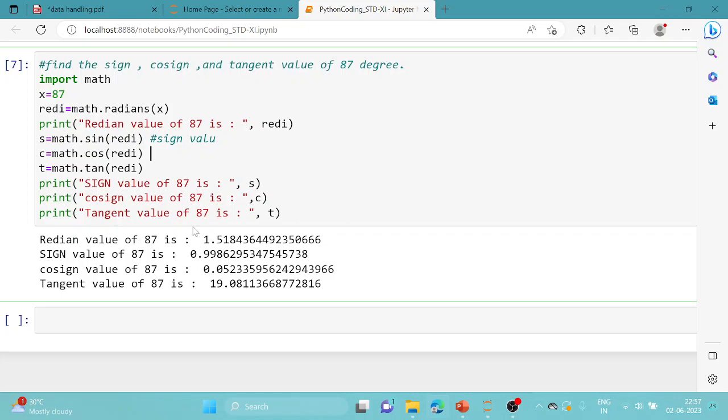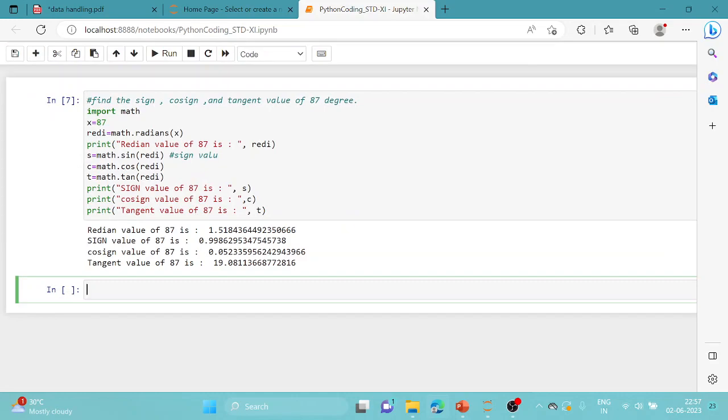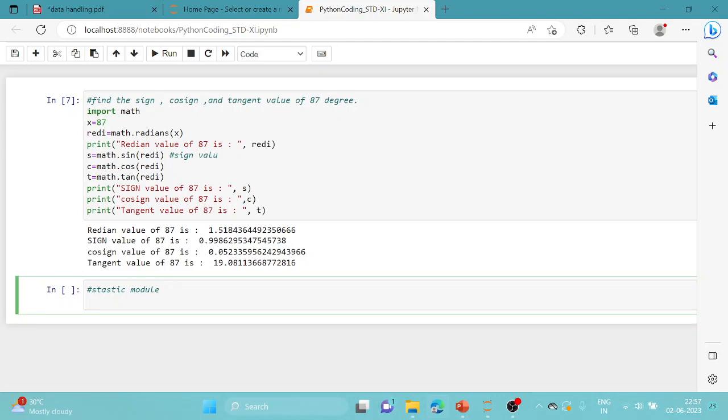Now one more module is there, called the statistic module. In this module, mainly we have mean, median and mode. These three functions are generally used in the statistic module.